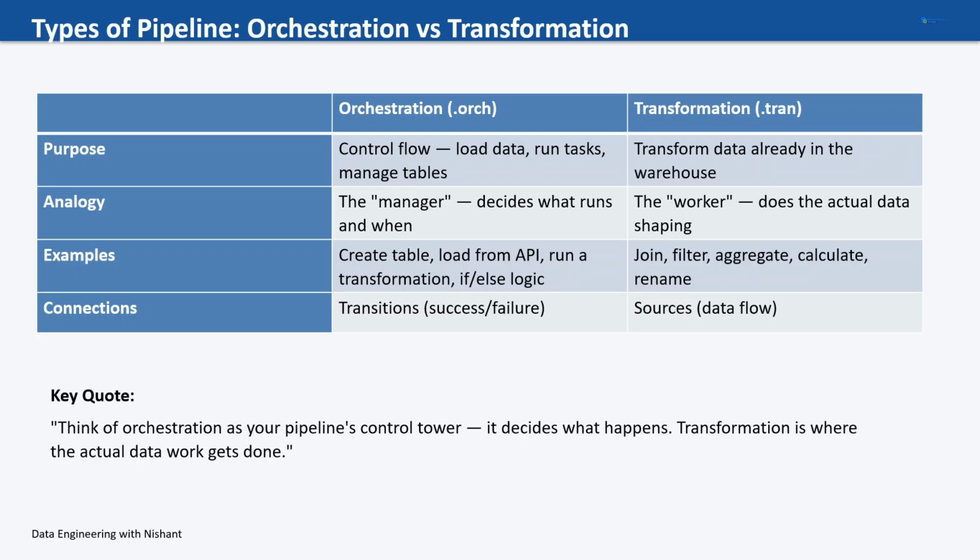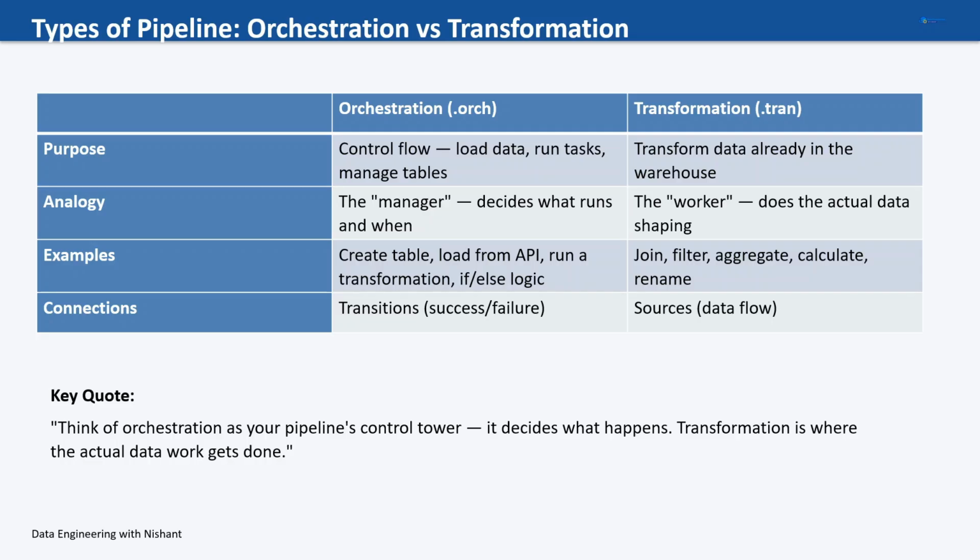And what's happening inside the transformation? The real developer, or the worker, as I'm using for reference, will actually do the data processing. The components associated with orchestration: orchestration will always have a start component, whereas transformation does not have a start component.